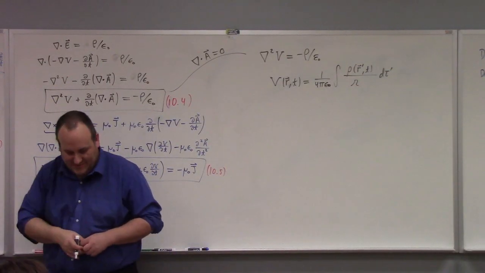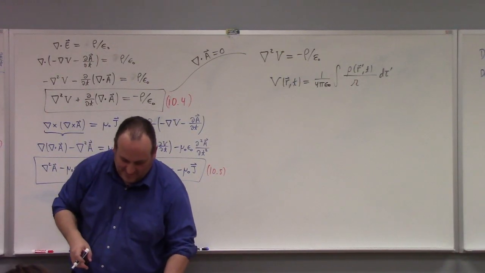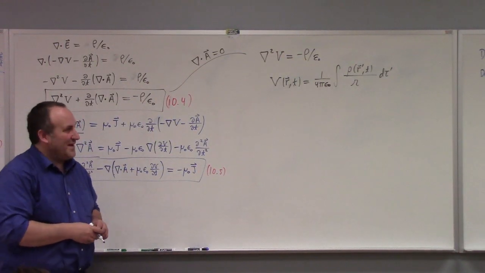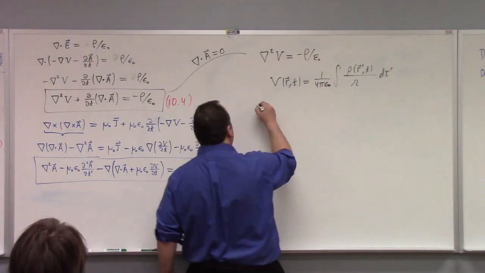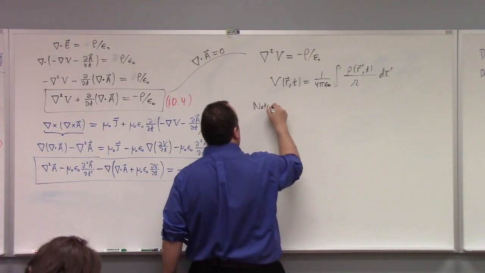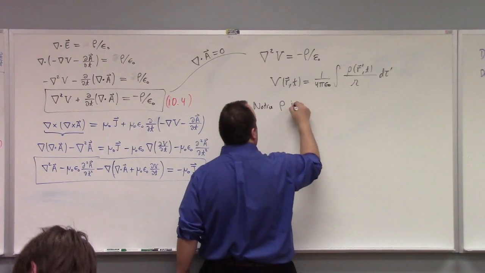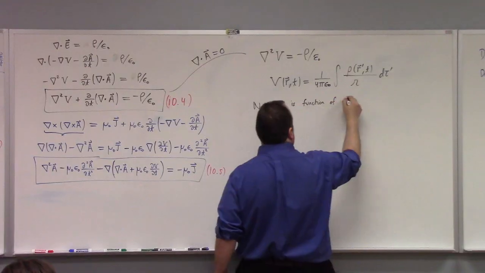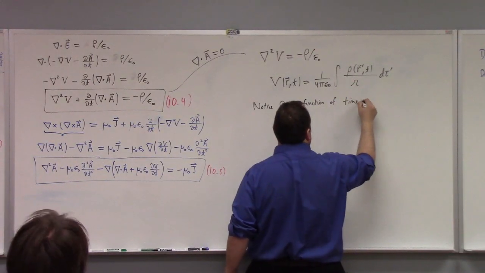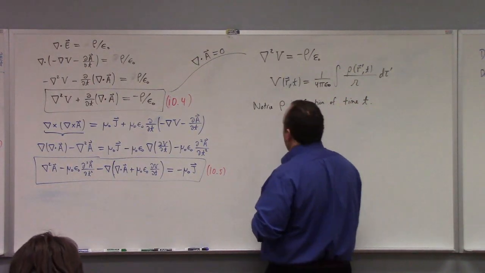And this is, as Griffiths points out, really disturbing in some sense, because notice rho is a function of time t now, right?